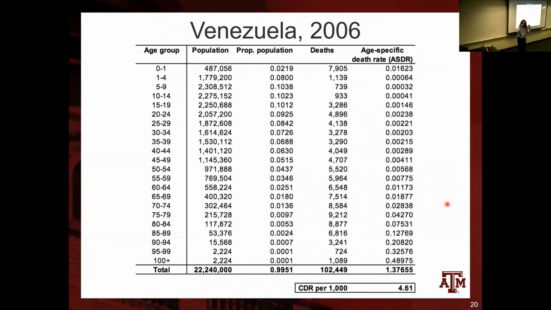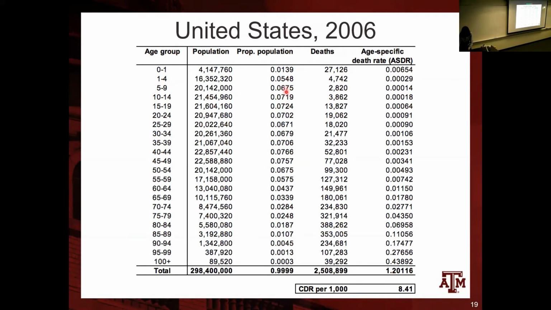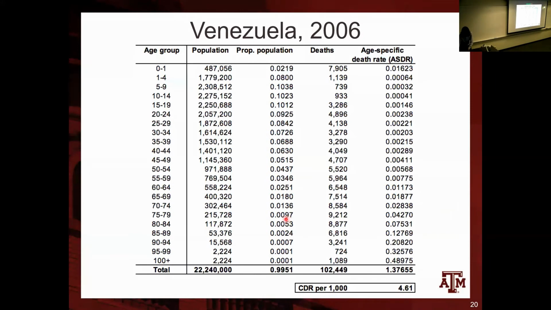When we say that countries have different age composition, it is this column here. This column here in Venezuela has more people in younger ages. See here, 10%, 10%, 10%. In the US, it's only 6, 7, 7. In the US, in older groups, like 70, 2.8, 2.4. Here, only 1.3 and 0.97. So Venezuela has proportionally fewer people in older ages and more people in younger ages.